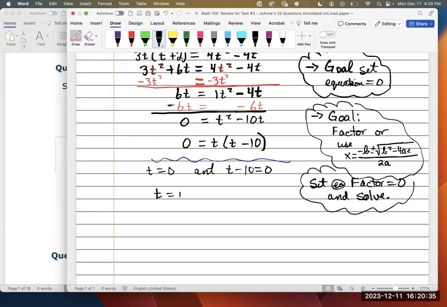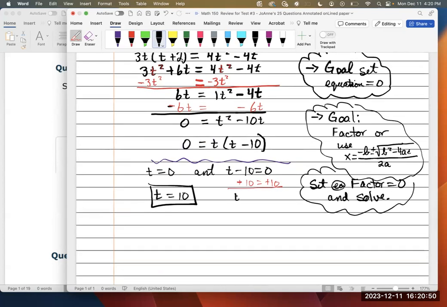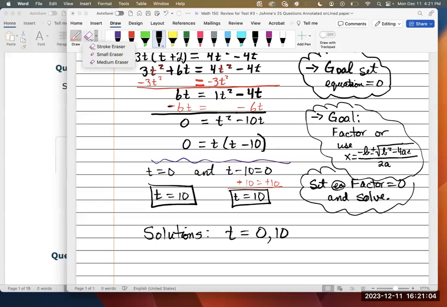So I have t equals 0 and t equals positive 10 are my two solutions to this quadratic equation. The solutions to the original equation are when t is 0 or when t is 10.